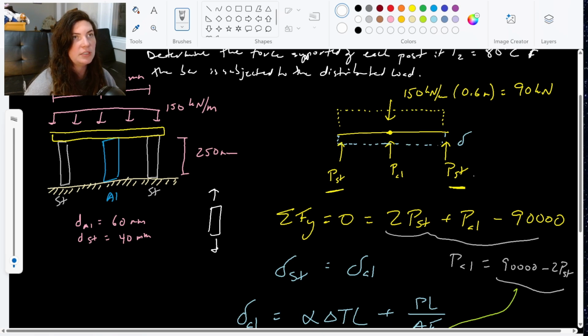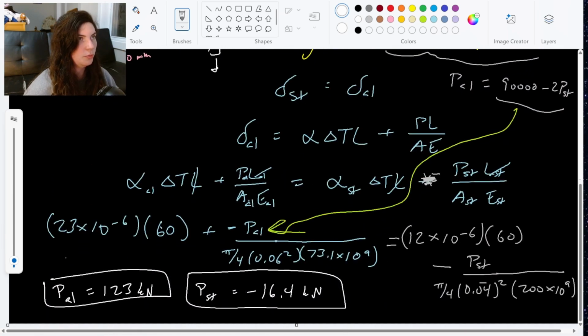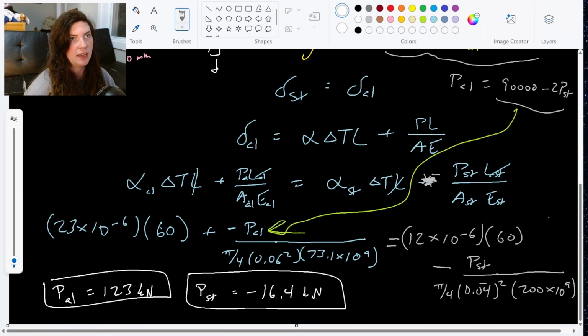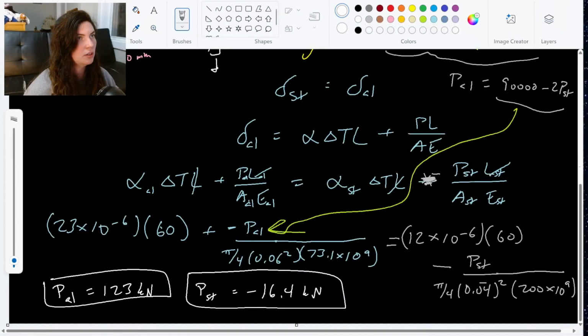And our aluminum is being compressed down. This is only because I had assigned the loads wrong. I had assumed all of these were acting in compression, when actually our steel is in tension and our aluminum is in compression. That's all those signs mean. It's okay if your signs turned out to be the opposite of that. It just means you had assumed a different free body diagram than I did.